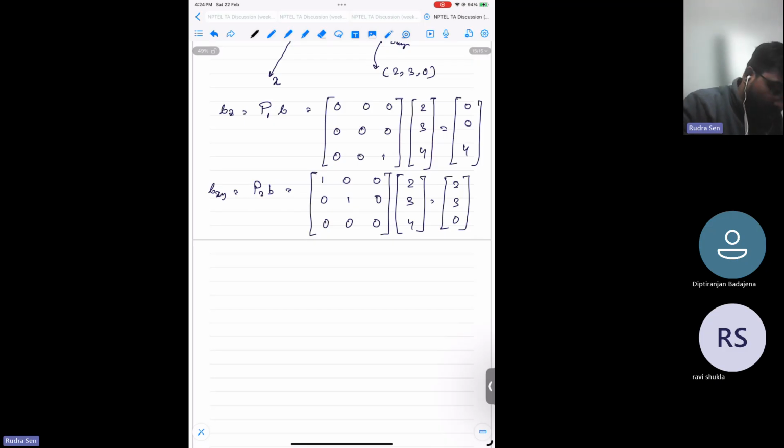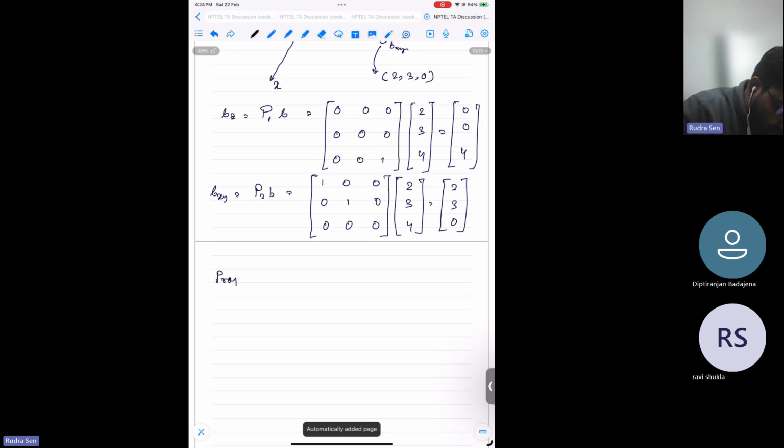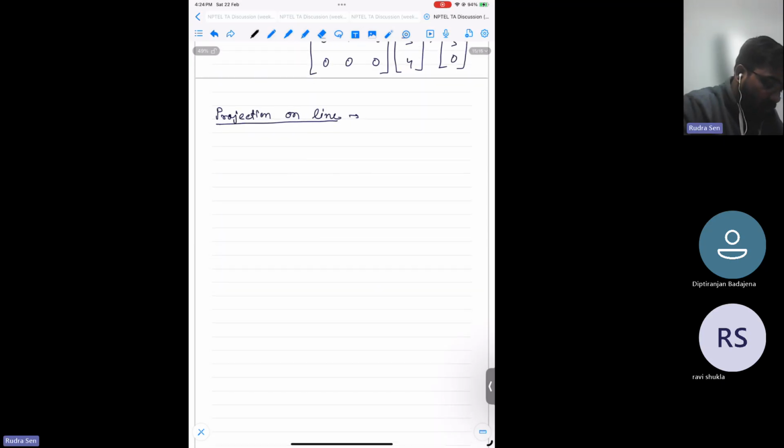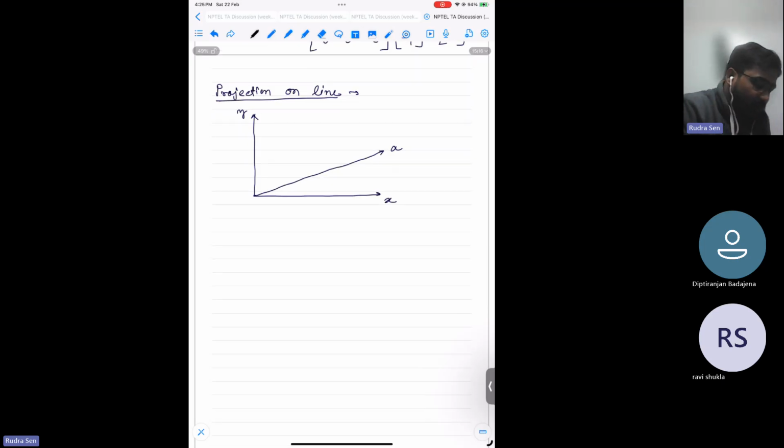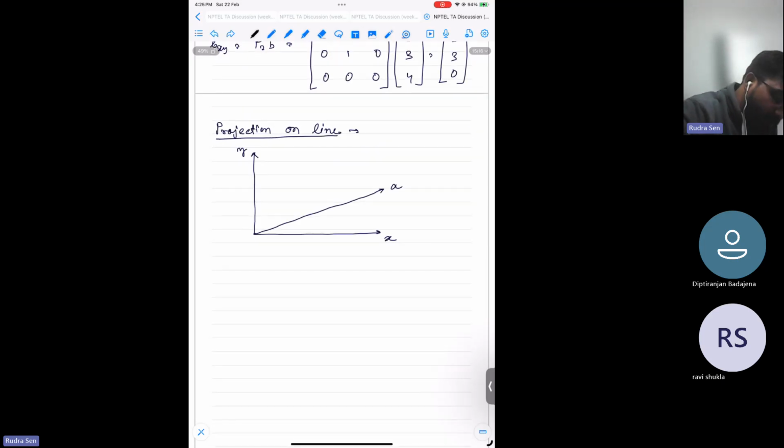Now, projection on a line. Suppose I have a 2D plane with X and Y axes, and let's say this is the line I'm concerned about. I am projecting the B vector onto this line.